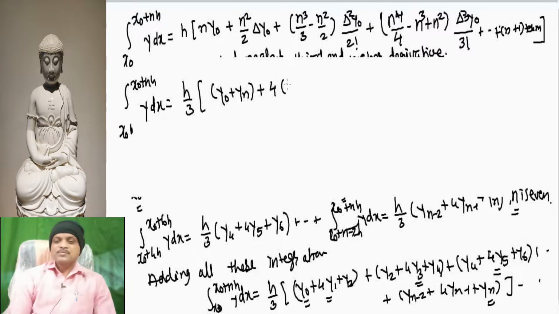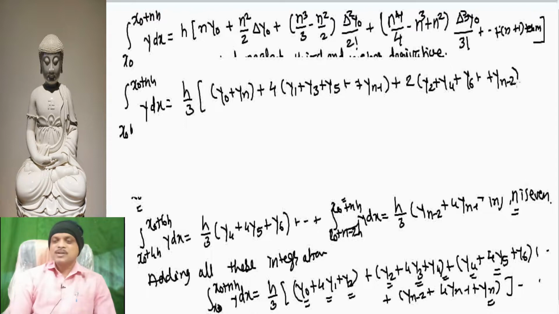Therefore 4 into (y1 plus y3 plus y5 plus up to y(n minus 1)) plus, all even terms are twice, so 2 into (y2 plus y4 plus y6 plus up to y(n minus 2)).